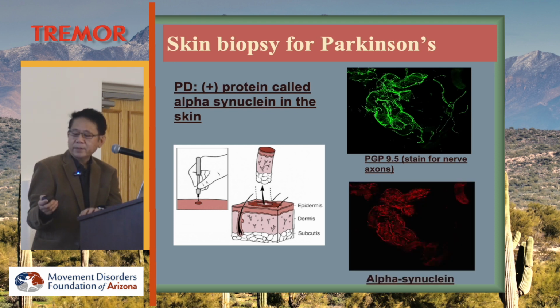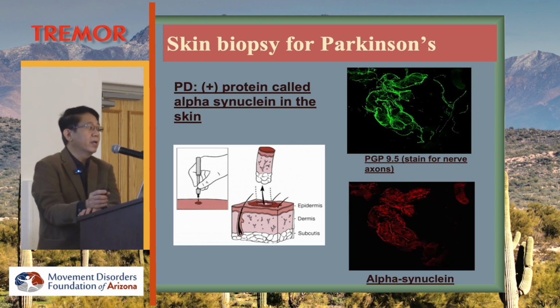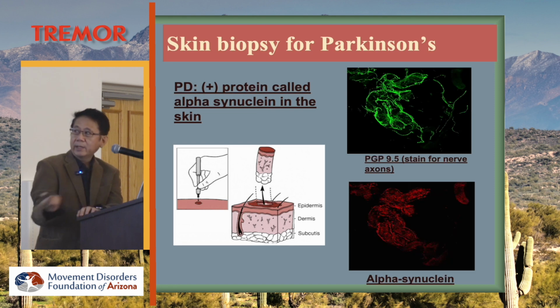And then the pathologist will use a stain called PGP 9.5, which stands for nerve axons. So whatever you see green here are the axons of the nerves from the biopsy. And then next, the pathologist will stain it for alpha-synuclein, and alpha-synuclein appears red.